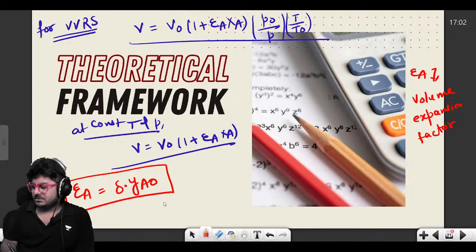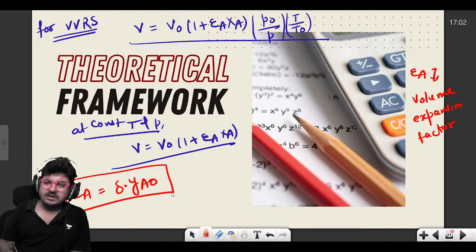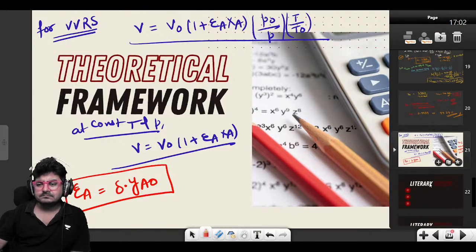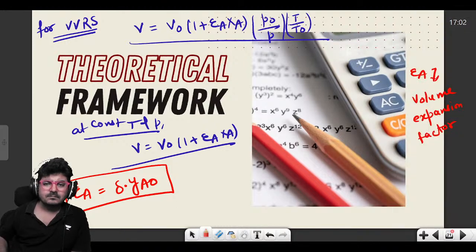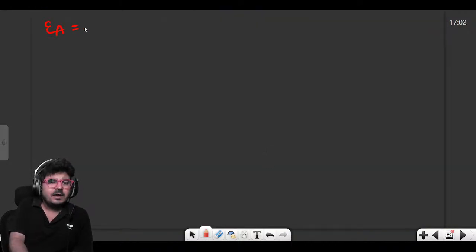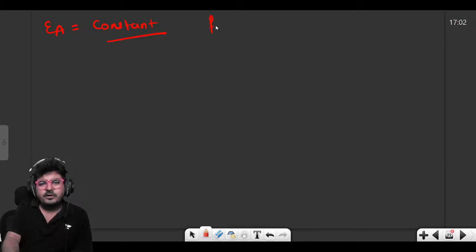Delta into y naught. Okay, तो आपको ये क्लियर होना चाहिए पहले तो फैक्ट कि जो एप्सिलॉन ए है हमारा वो कांस्टेंट होता है। एप्सिलॉन ए इज कांस्टेंट फॉर अ गिवन रिएक्शन एंड feed composition.